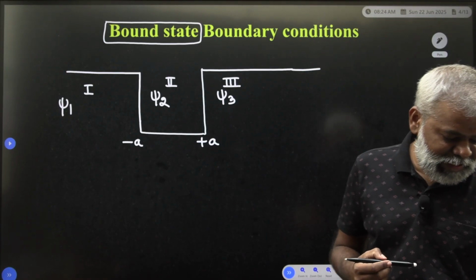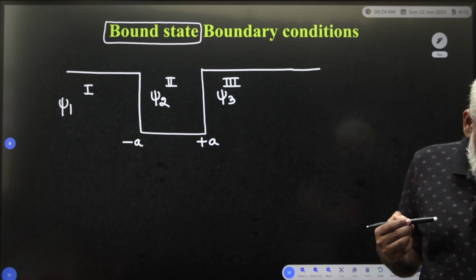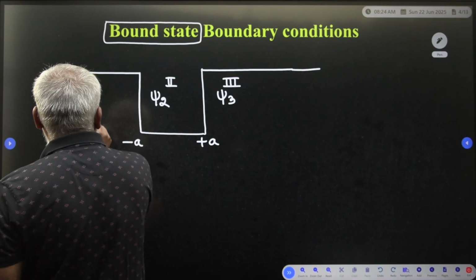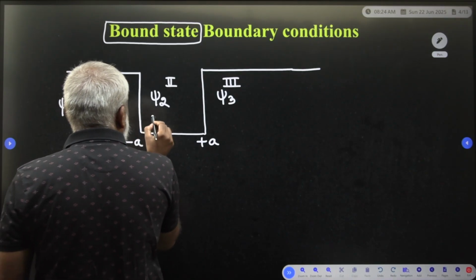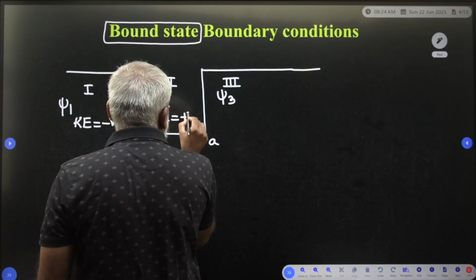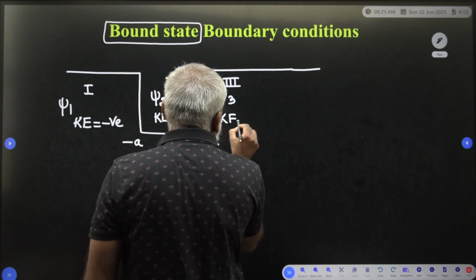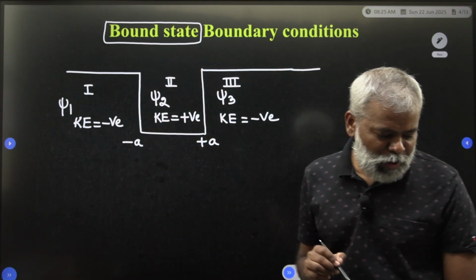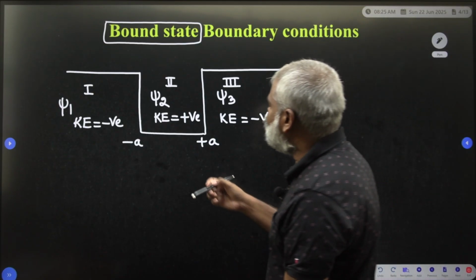Now here the kinetic energy of the particle you are going to take as negative, here as positive, and here again as negative.